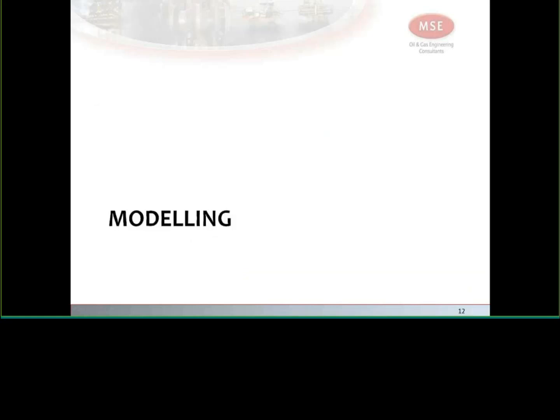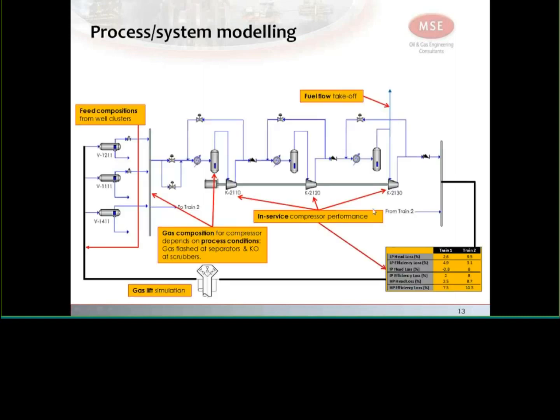So what did we do? We created this model, and one of the most important things about this model is that we actually modeled the whole system. We didn't just stop at the throttle valve, the suction and the compressor discharge, but we included the gas lift recycle.